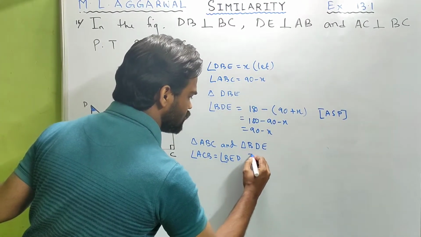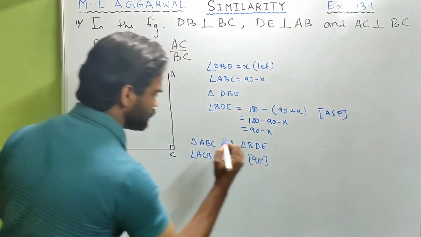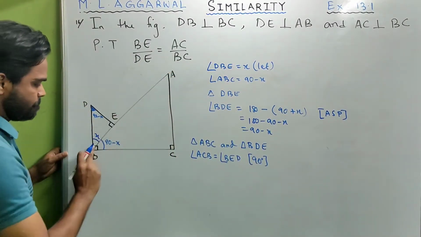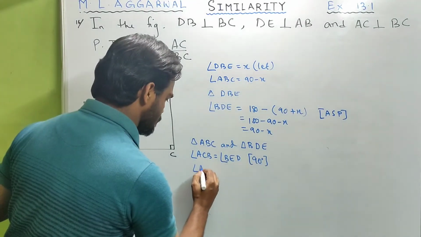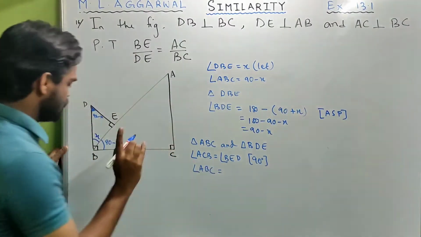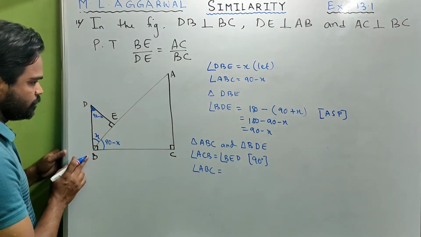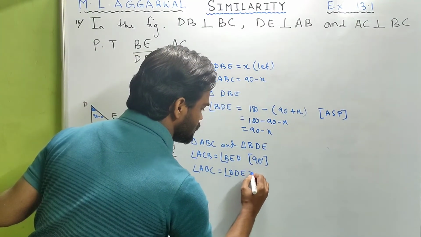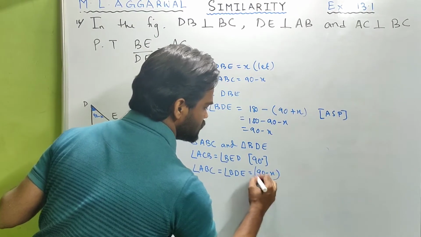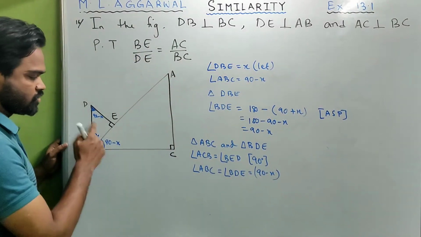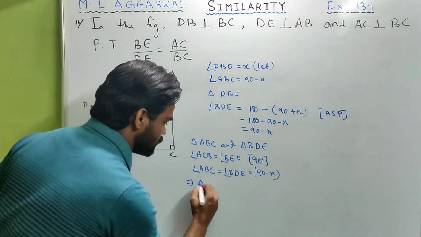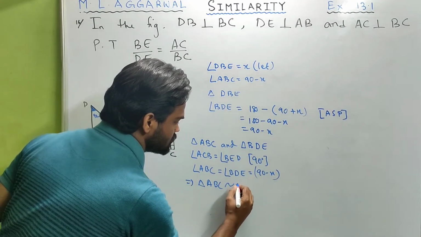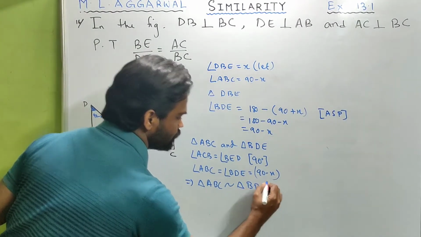BED was given to us. That's 90 degrees. Then angle ABC is equal to BDE, just now proved, that is equal to 90 minus x, isn't it? Which means two angles are equal, which means triangle ABC is similar to triangle BDE.